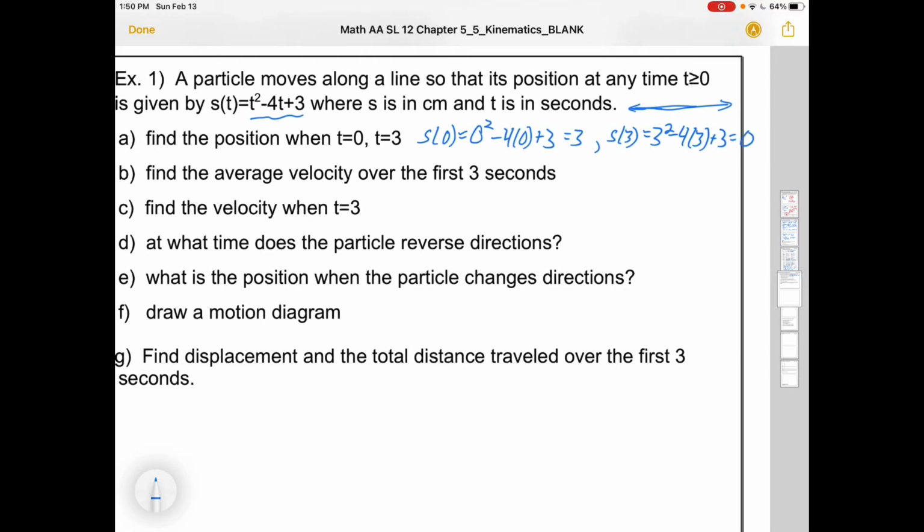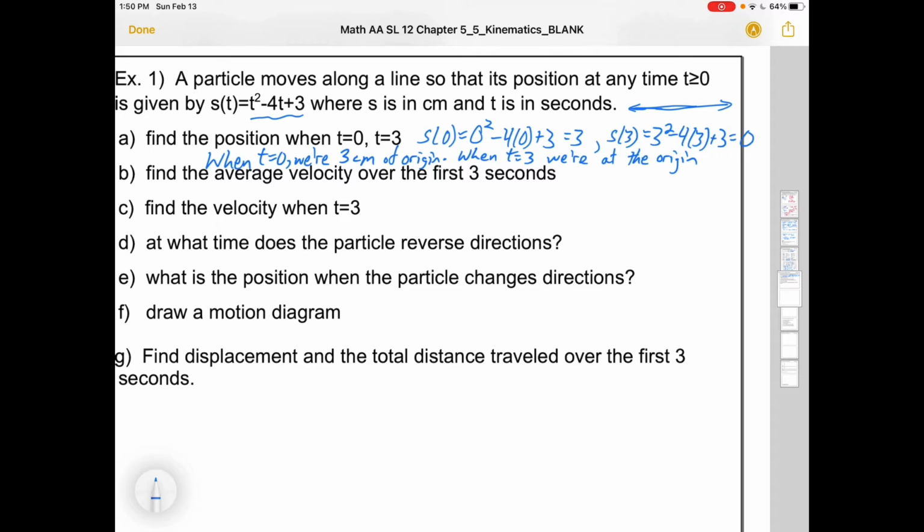Okay. So in context, when T equals 0, we're 3 centimeters right of the origin. When T equals 3, we're at the origin, or on the origin.